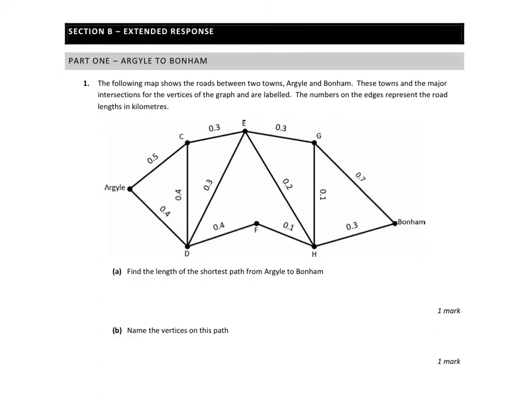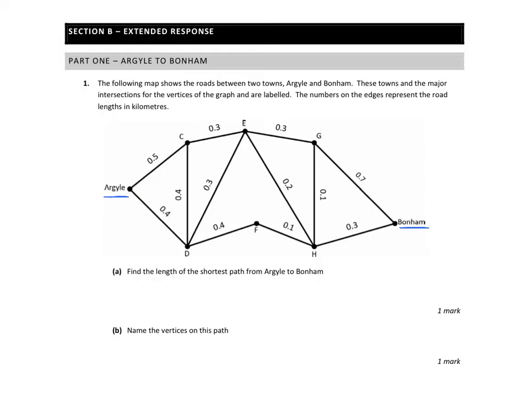So we can see here we need to go from Argyll to Bonham, just using the shortest path. So we need to consider what different pathways there are and check each of the possible paths and their lengths to work out which one is the shortest. If we go across the top, from Argyll to C, E, G and down to Bonham, that would give us a length of 1.8 kilometres.